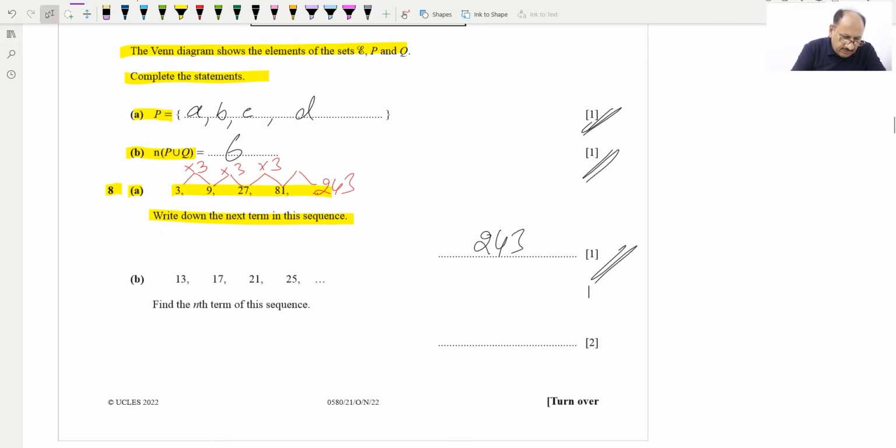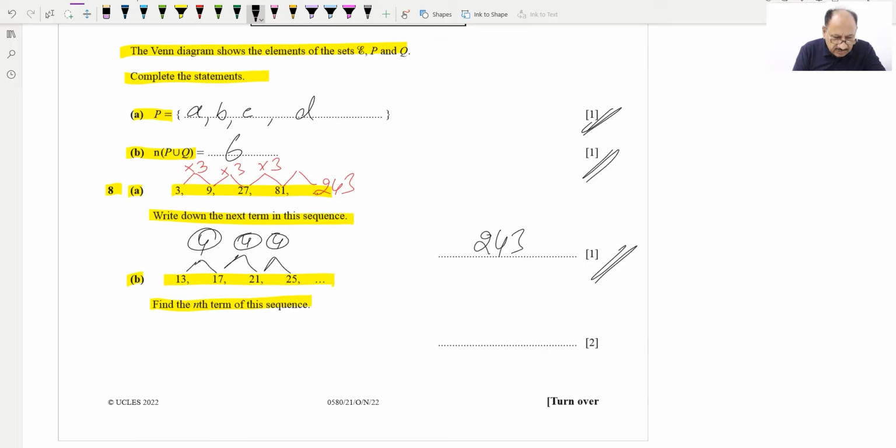Now B part. Again they have provided a sequence, and we need to find the nth term. We check whether it is an arithmetic, quadratic, or cubic sequence. Second term minus first term: 17 minus 13 is 4, 21 minus 17 is also 4, and 25 minus 21 is 4. So the first difference is the same, and this is an arithmetic sequence.